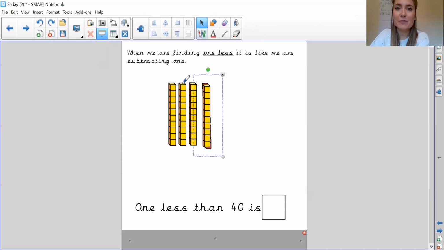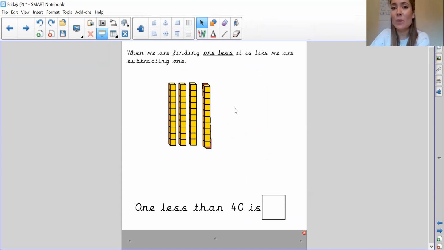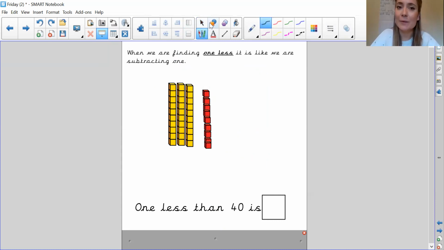So I've got my number 40, 10, 20, 30, 40, and I am going to take away 1. So let's take away one of these. There we go. Let's work out what number we have got now. So I've got 10, 20, 30. So 3 tens.